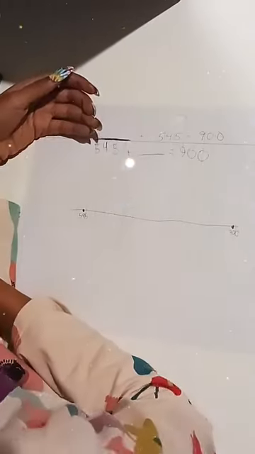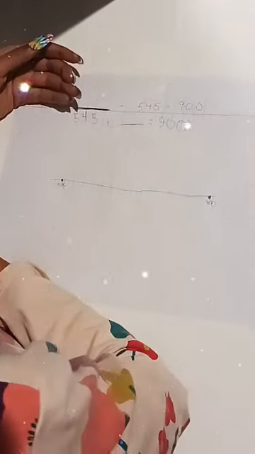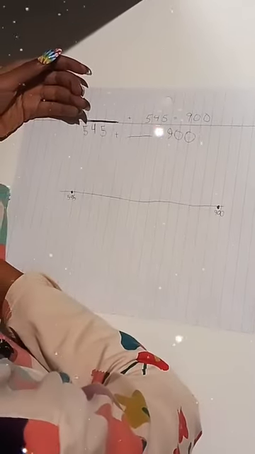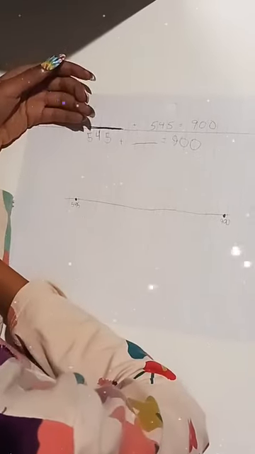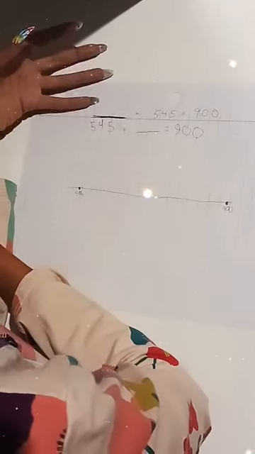Okay, so show me how you can get to 900. So first, how can you creep your way up to there? So what can you add that will get you closer to 900? That's easy to add.